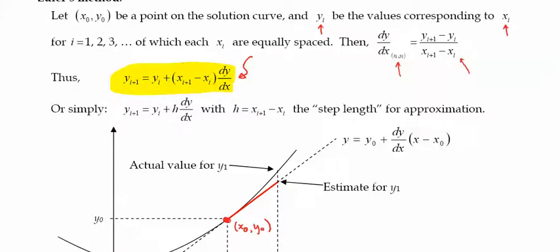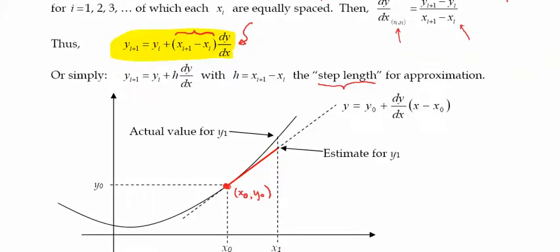Now, if we consider this as the change of the x value, or here we call it the step length for the linear approximation, we can make use of the point that we already know and use this point to approximate the value at this point.